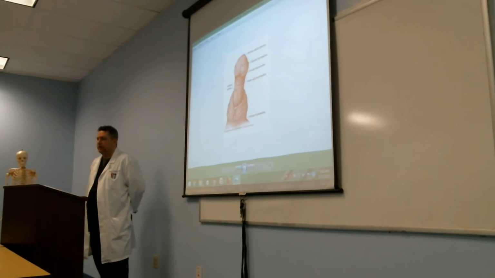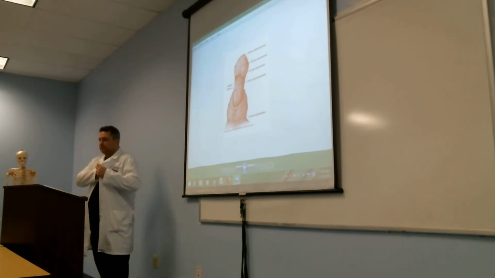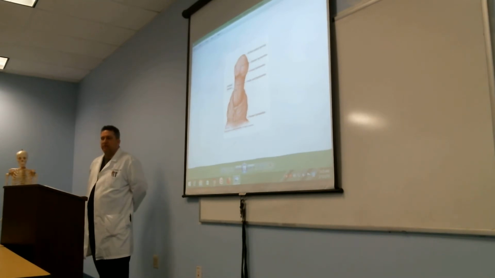All right, looking at some of these lab tests. Kidney function tests: BUN and creatinine. BUN stands for blood urea nitrogen, so we look in the blood to see how much urea nitrogen there is. The color of urine is normally clear.